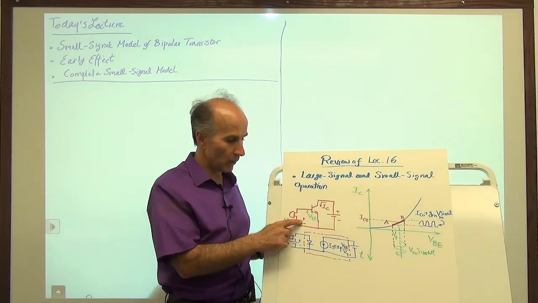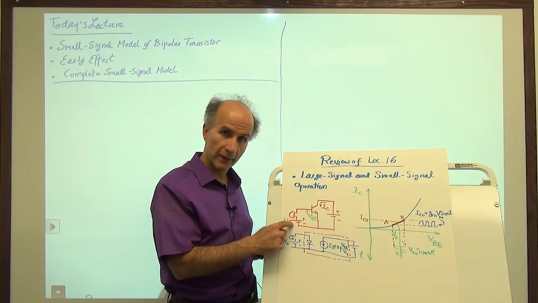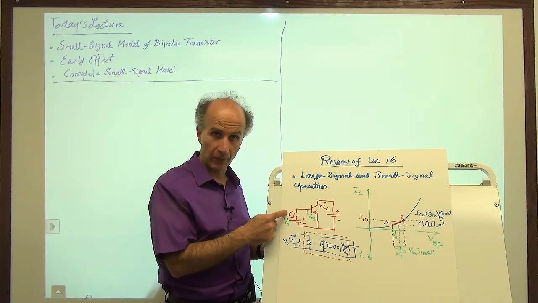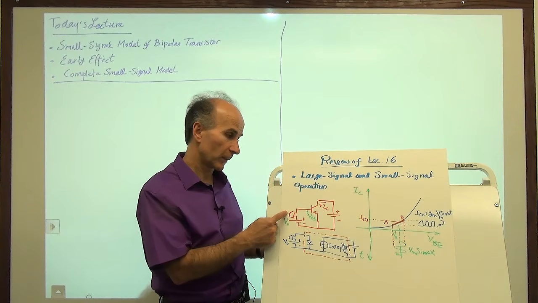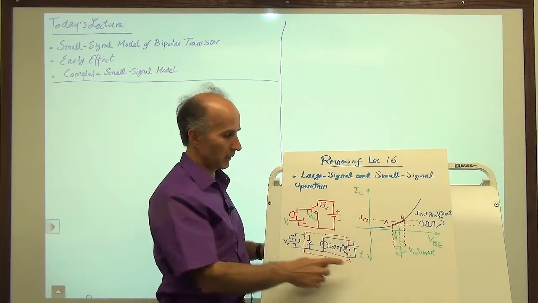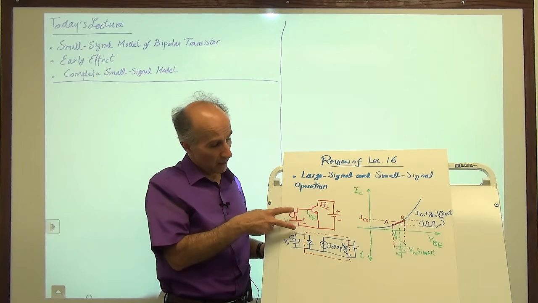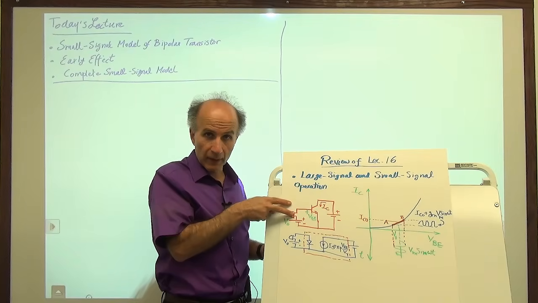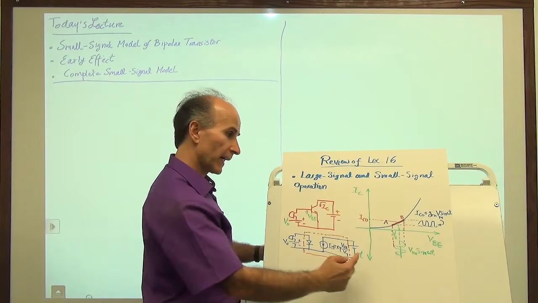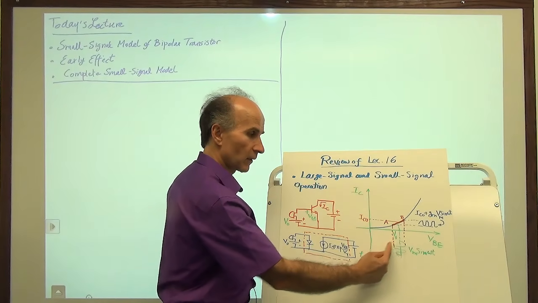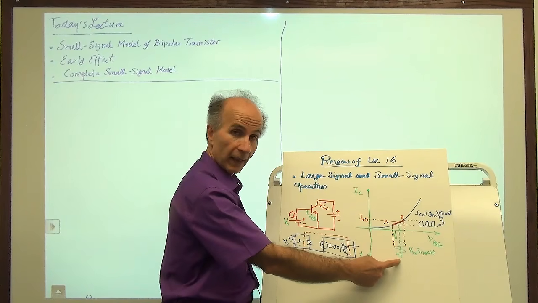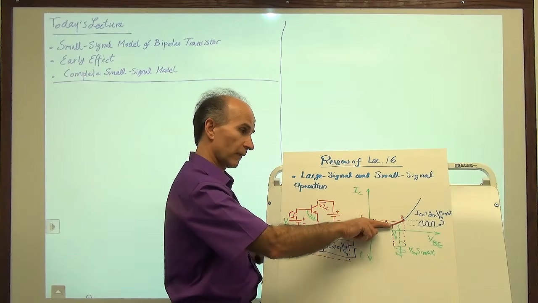And then superimposed on this bias value, on this fixed voltage, we have some sort of signal, for example, from a microphone. Now what we observed was that if we plot IC as a function of VBE, which happens to be the bias voltage plus the signal voltage, the microphone voltage, as the signal voltage goes up and down around this bias value, the current of course also fluctuates up and down.